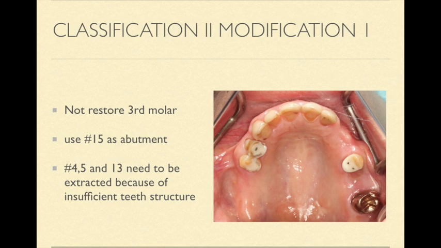It becomes class 2 modification 1 because eventually we will remove tooth number 13, so we will just have one edentulous area between the teeth. So remember, if you need to extract any teeth according to your plan, then you have to use the condition after extraction to determine the classification.